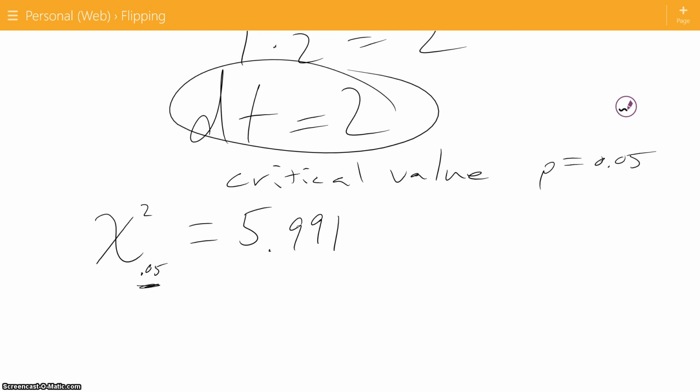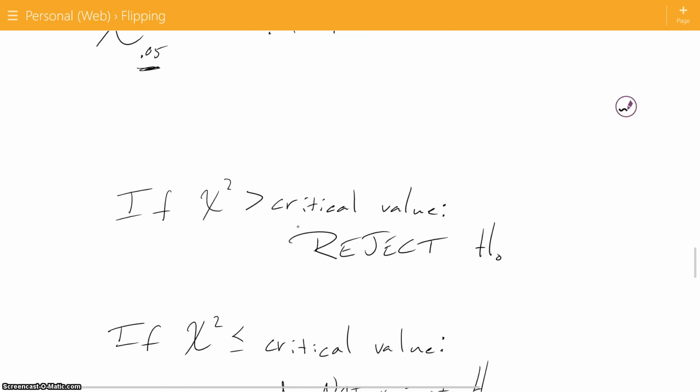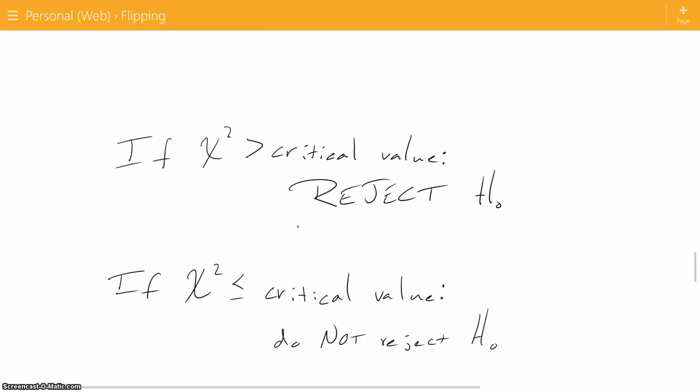With 2 degrees of freedom and a chi-squared of 0.05, we would be looking for 5.991 to be our critical value. Yay, critical value. We're almost there. Just bear with me. Critical value of 5.991. If our calculated chi-squared is greater than the critical value, we reject our null hypothesis. If chi-squared is less than or equal to our critical value, we do not reject our null hypothesis.